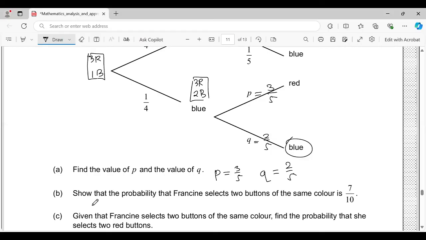And after that, B. Show that the probability that Francine selects two buttons of the same color is 7/10. Okay, 7/10.